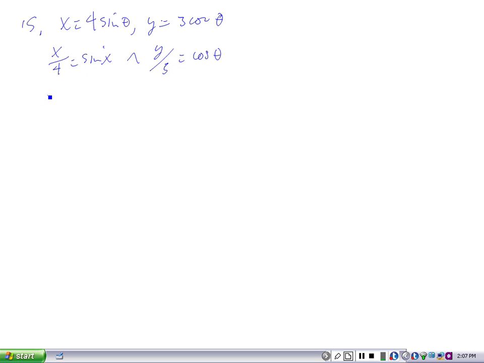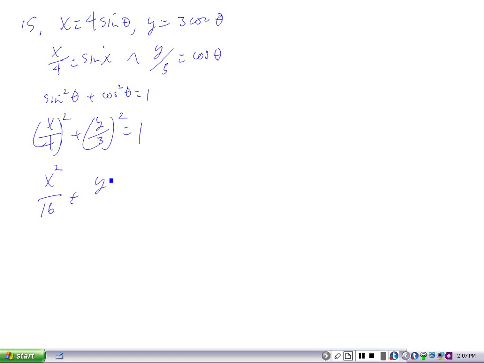And we know that sine squared theta plus cosine squared theta is equal to 1. Well, that implies that (x over 4) squared plus (y over 3) squared is equal to 1. This is x squared over 16 plus y squared over 9 is equal to 1.